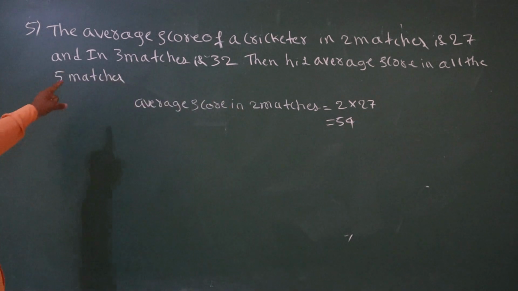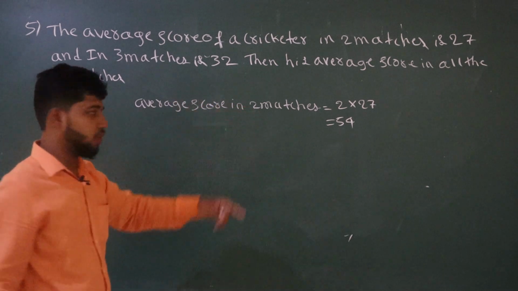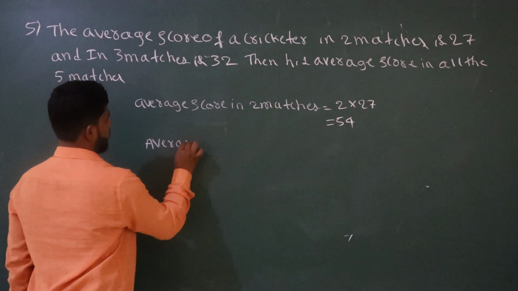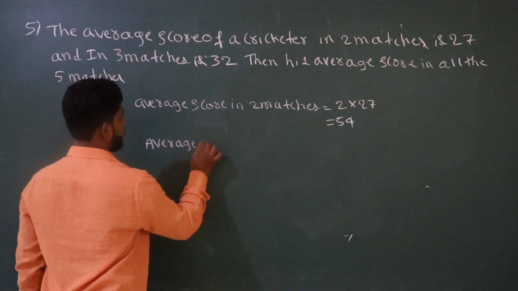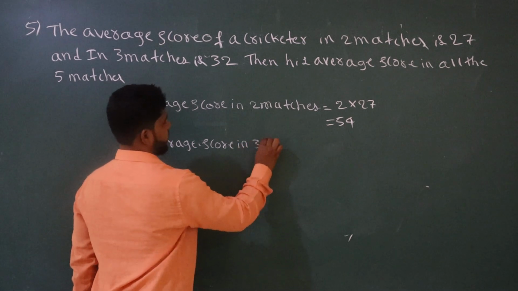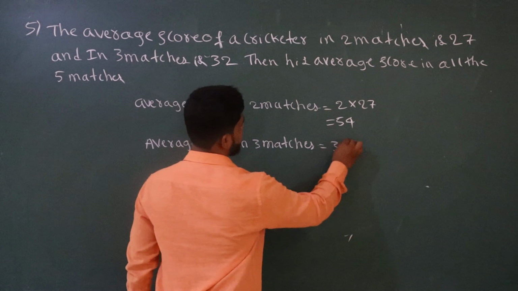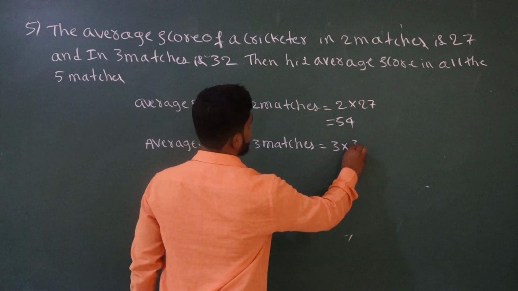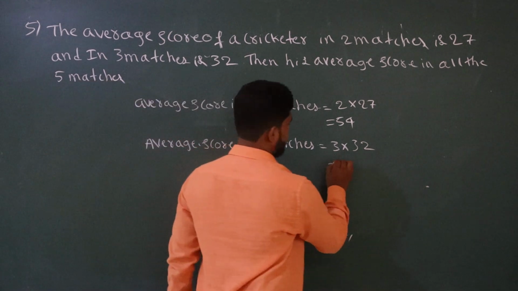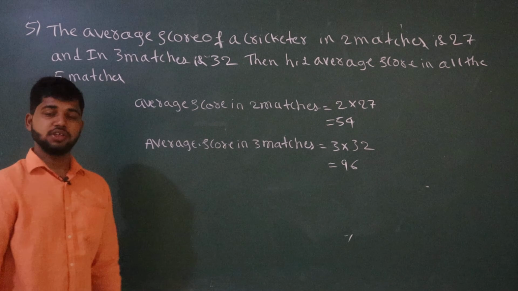Now, in 3 matches the average is 32. The total score in 3 matches is 3 into 32, you will get 96.